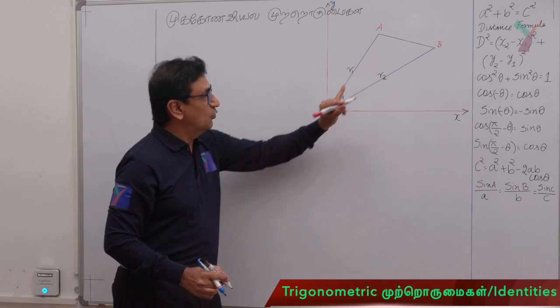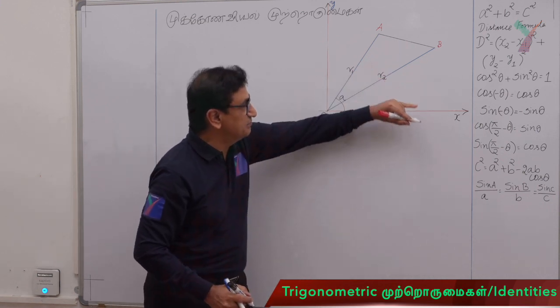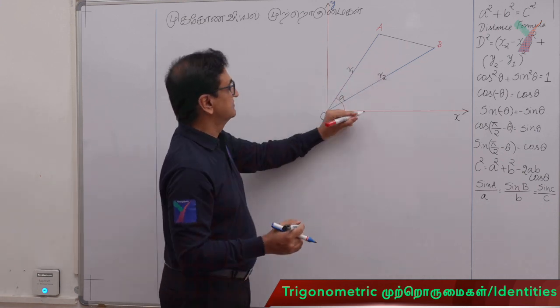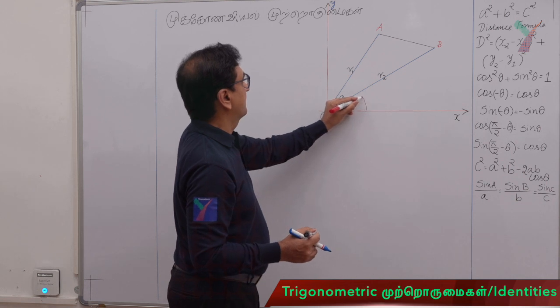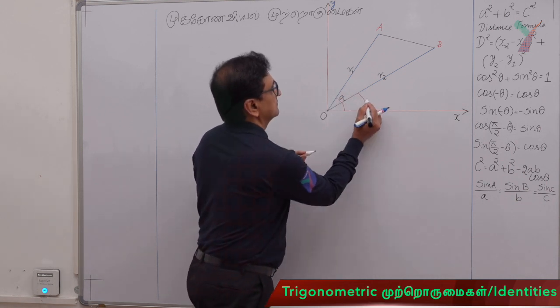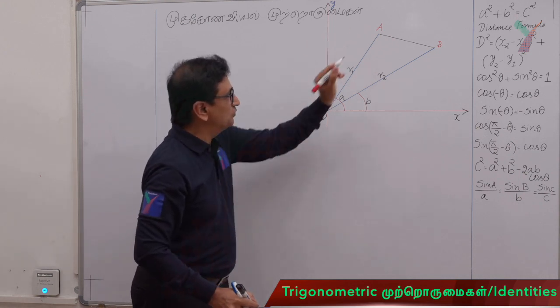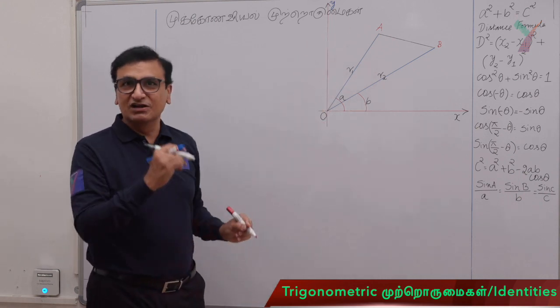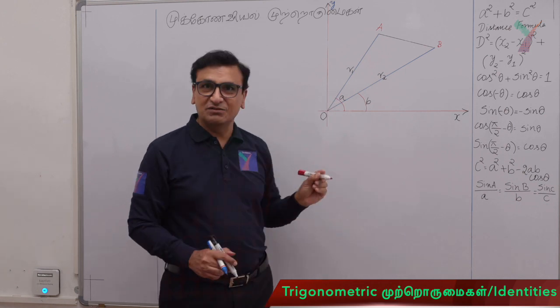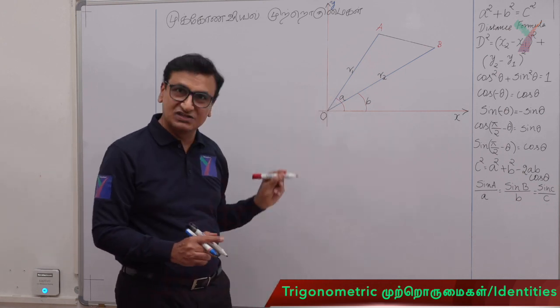And OB line x-axis B radian la irukku. இப்போ நீங்க AOB இதோட angle எவ்வளவு இருக்கும்? Difference between A and B, right? So this will be A minus B, correct?